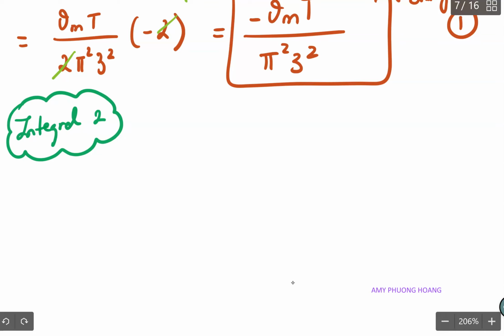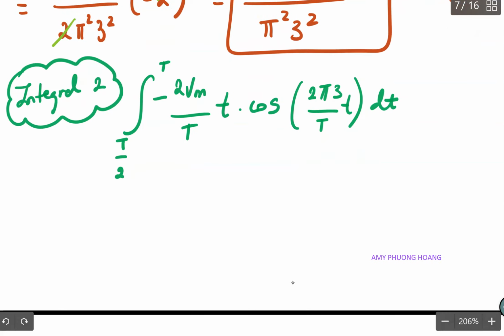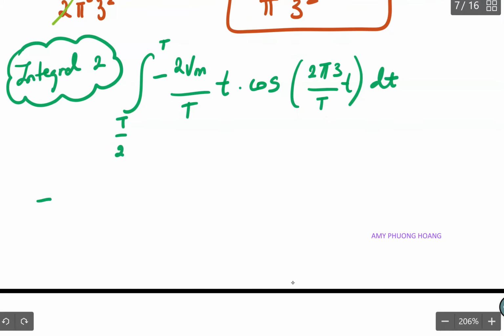Integral number 2 is equal to the integral from t over 2 to t, and I should have minus 2 V max over t times t, and times cos of 2 pi 3 over t, this is t and dt. Alright, okay. So first of all, bring this across the integral sign. And inside the bracket, I am left with this.